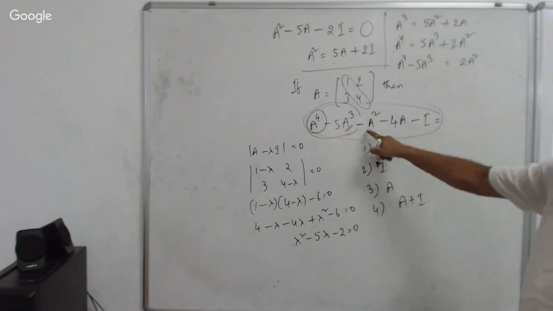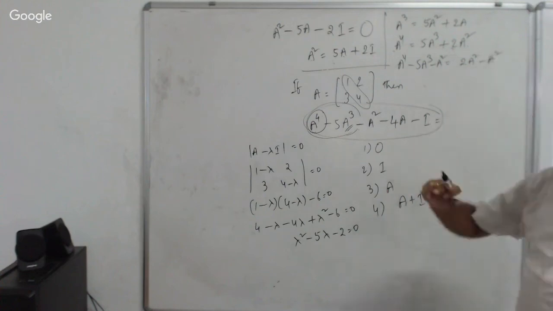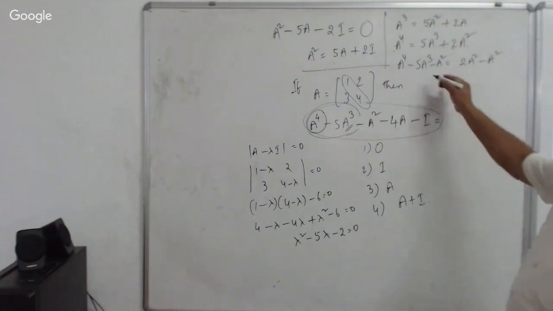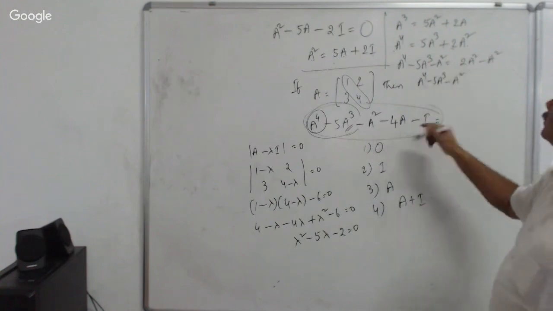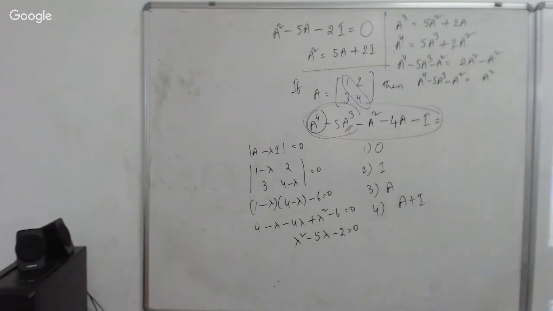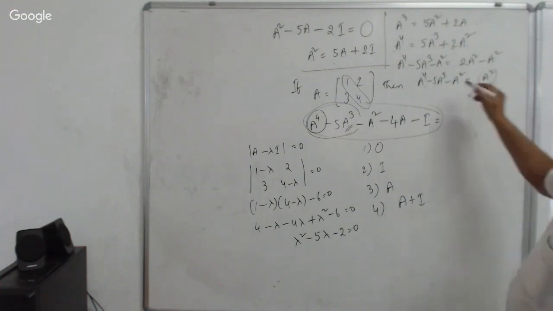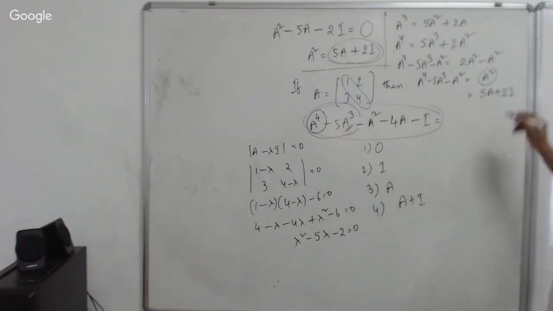Adding minus A square on both sides, now it is A power 4 minus 5A cube minus A square equal to 2A square minus A square, that is A square. Again A square can be written as 5A plus 2I.